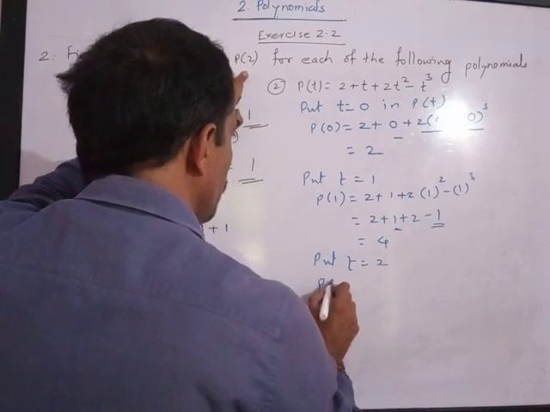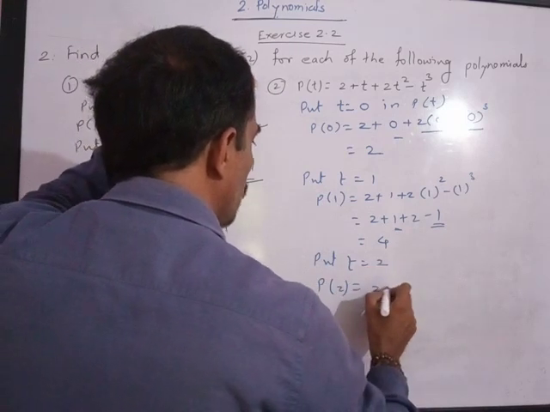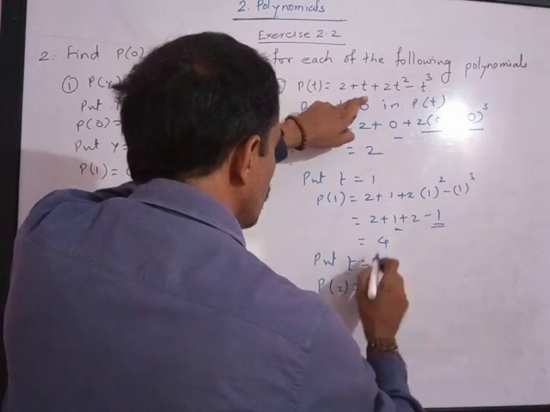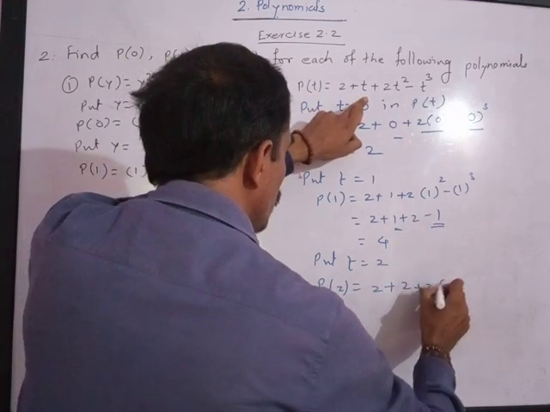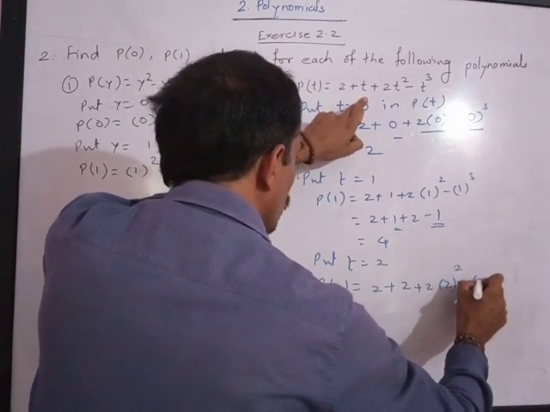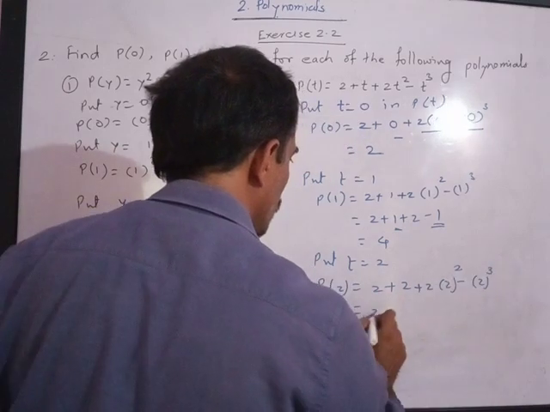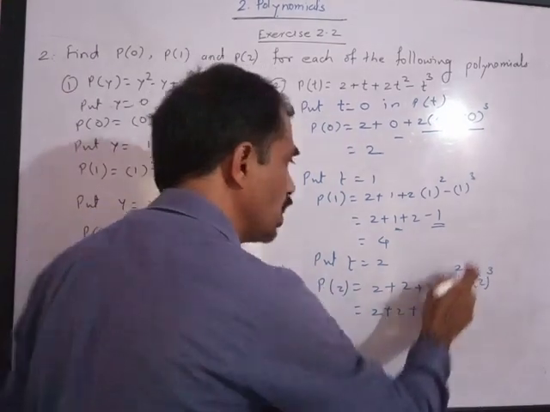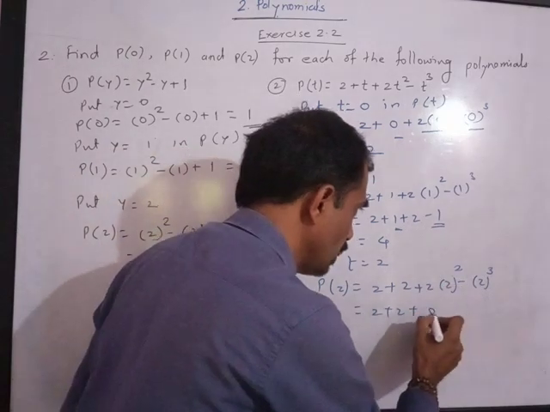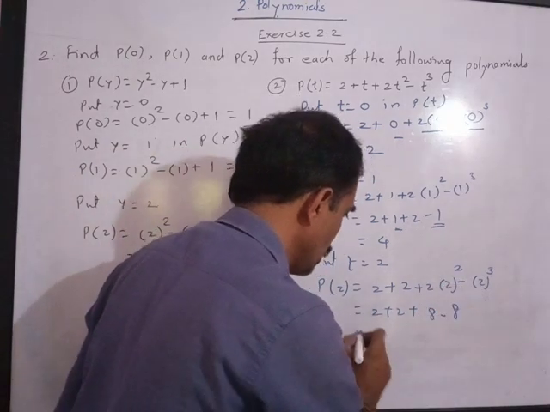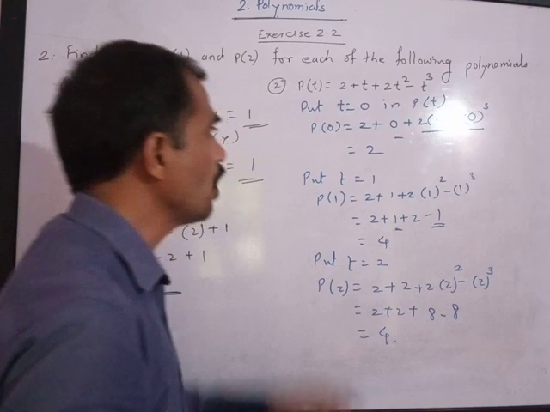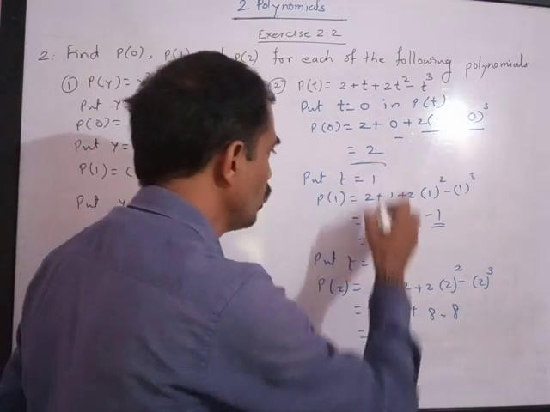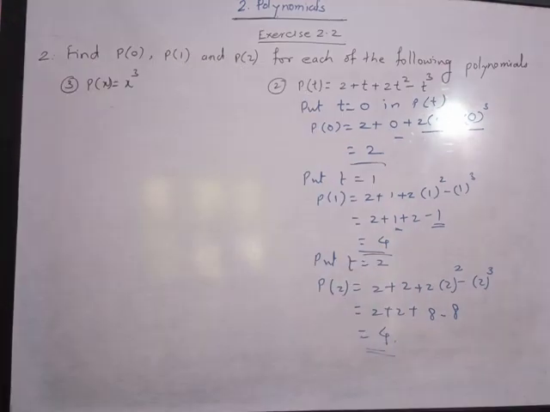So we'll get p of 2 is equal to 2 plus 2 plus 2 into 2 square minus 2 cube. So this becomes 2 plus 2 plus, we have to solve index first, so 4 2s are 8, minus 2 cube is also 8. So answer is 4. So we have got answers as 2, 4 and 4.